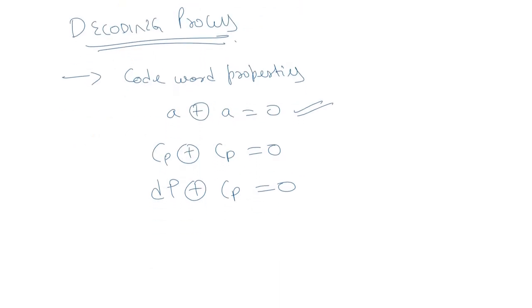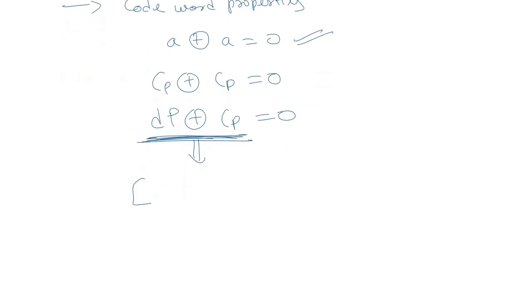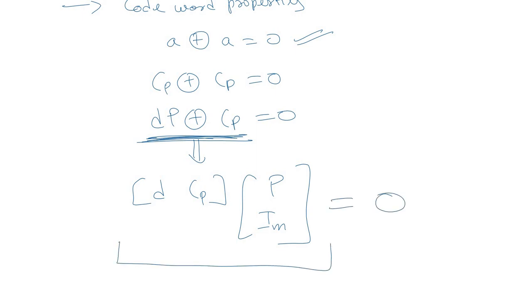If we try to expand this, the alternate way of writing this can be D concatenated with CP, into P and the identity matrix I_m, is equal to 0. This is the alternate representation of the expression DP modulo 2 addition CP. Please analyze these two expressions. Are you able to correlate this transformation or not?